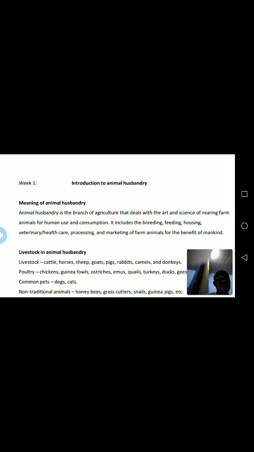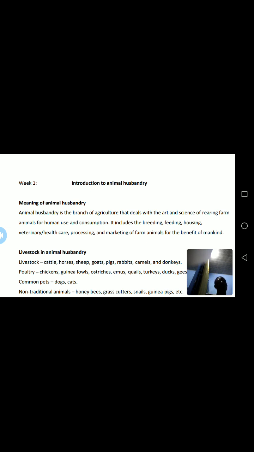It includes the breeding, feeding, housing, veterinary or healthcare, processing and marketing of farm animals for the benefit of mankind. So animal husbandry deals with the science of rearing farm animals for human use.